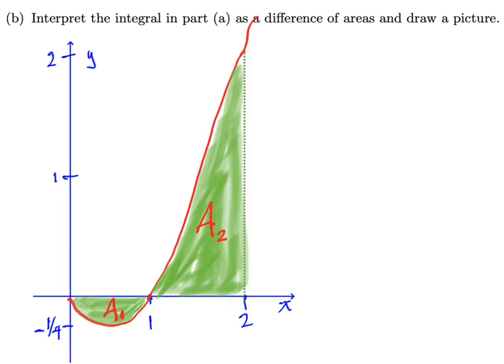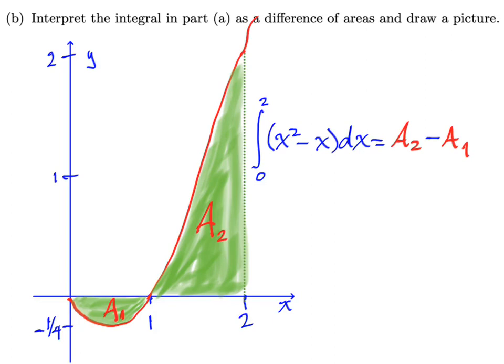So the definite integral that we just computed, the integral from 0 to 2 of x squared minus x dx, can be interpreted as A2 minus A1. So the area of the region above the x-axis minus the area of the region below the x-axis.